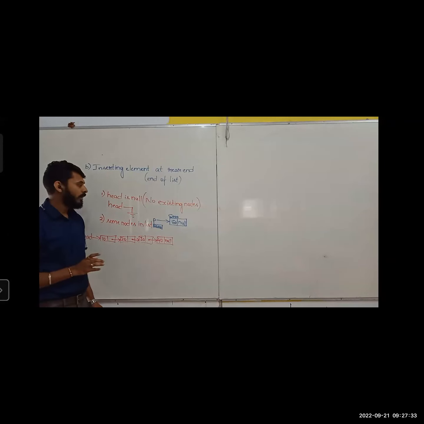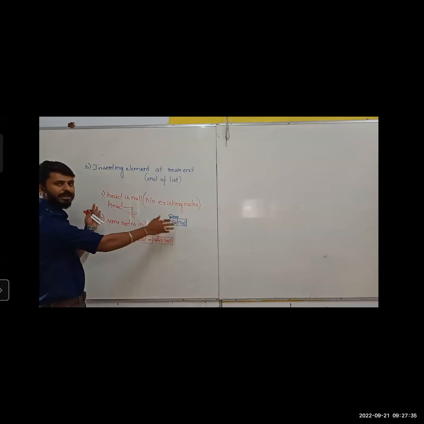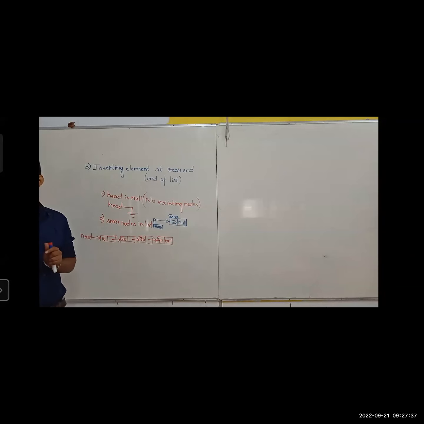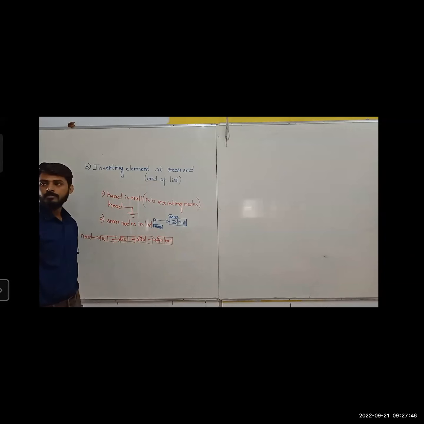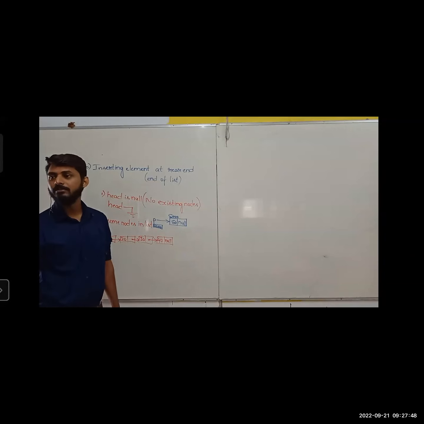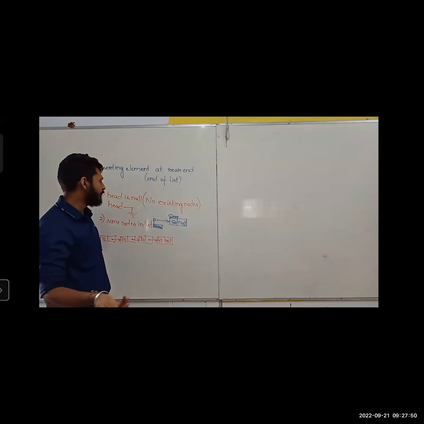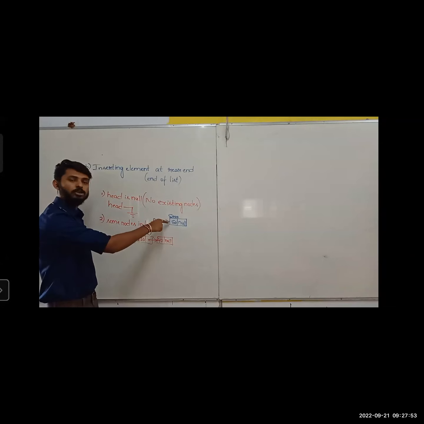How to inform? Now, if there are no elements, just look at the diagram. Forget about code. I'm not asking you anything about code. Did I ask anywhere to tell me the code part? No. Just think and tell me, if head is null, means there are no elements in the list, then what should I do? In English statements, you think and tell me. This should be the first node.